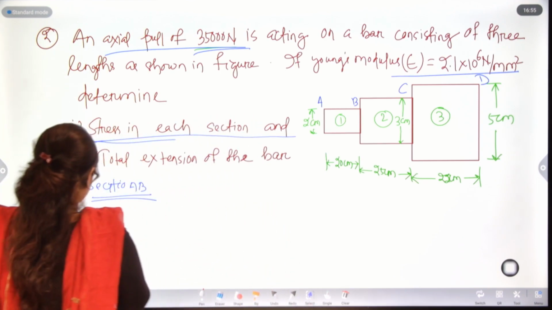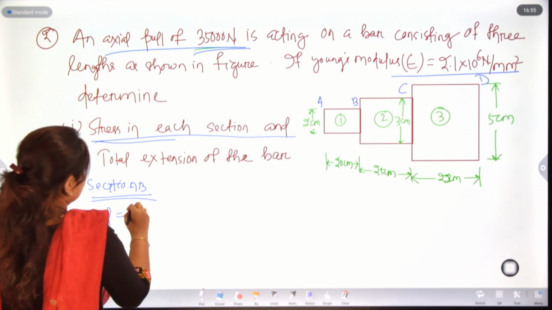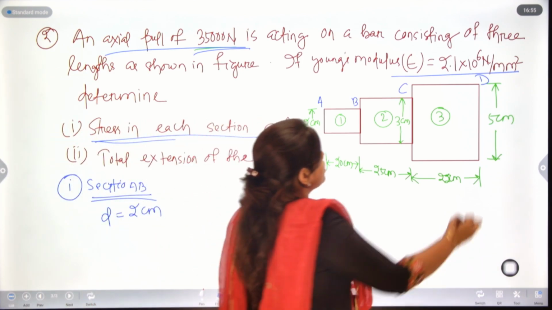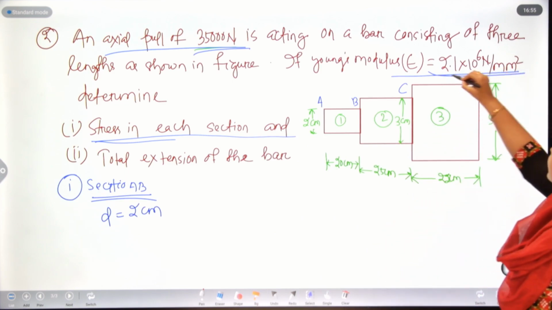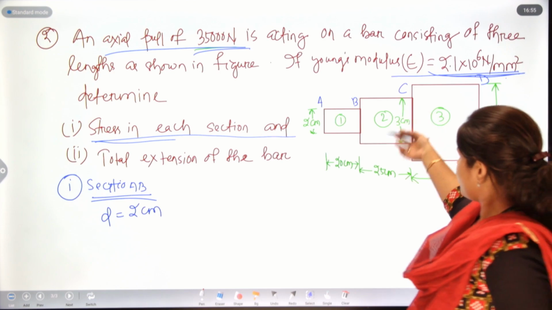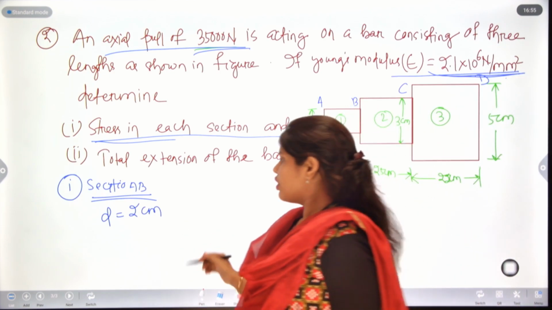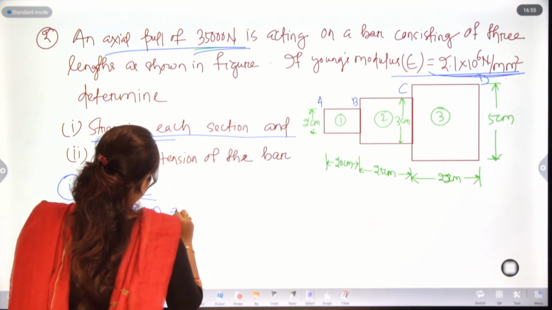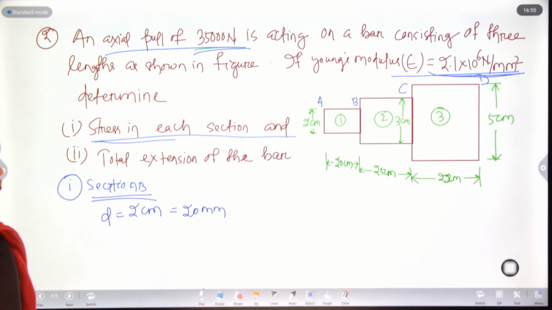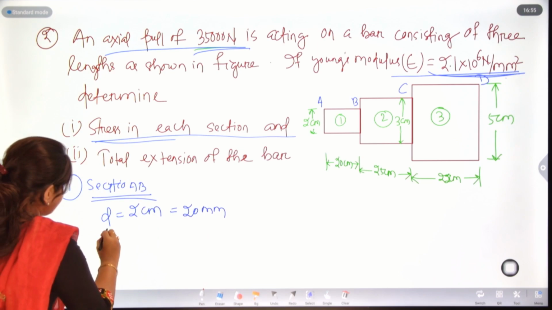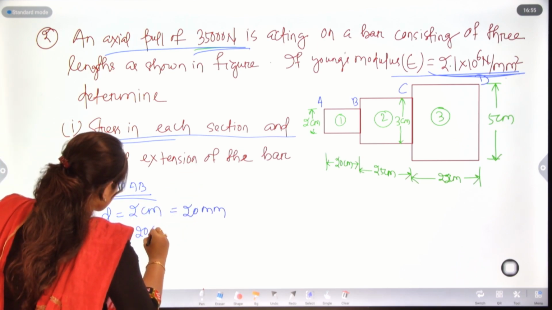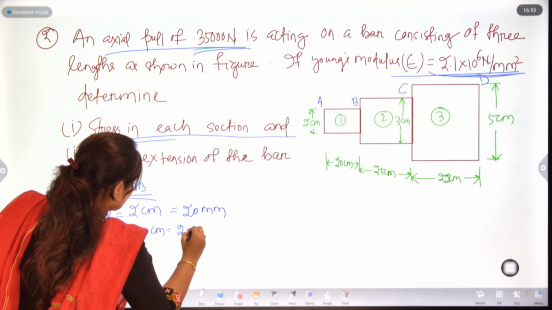Your diameter is given, d is equal to 2 centimeter. As E is in Newton per mm square, we need to convert all these units to mm. So here 20 mm and your length L1 will become 200 mm.